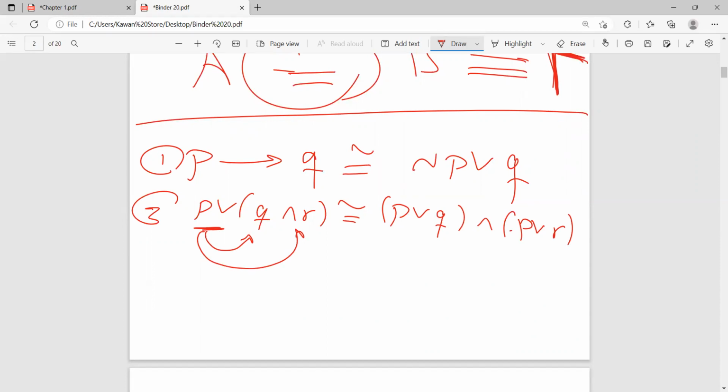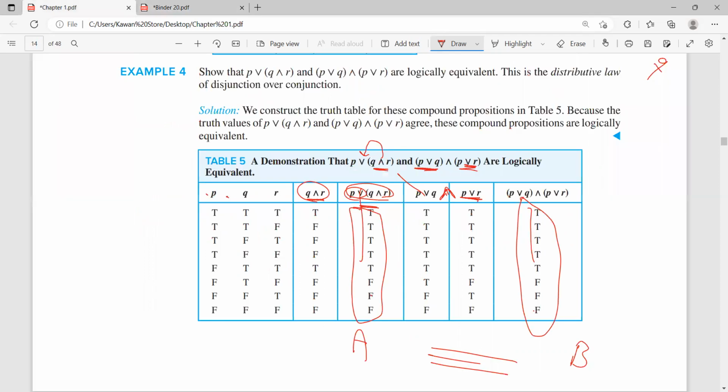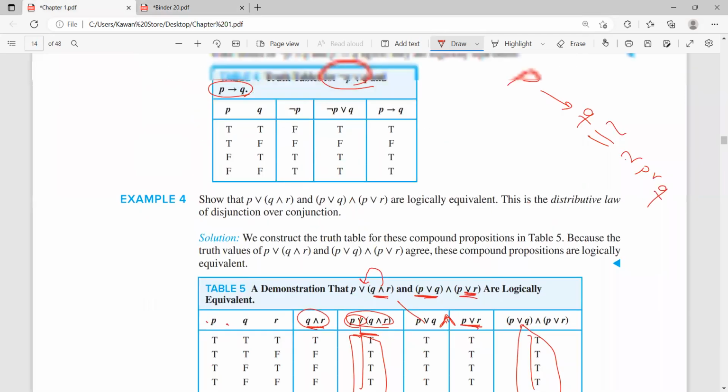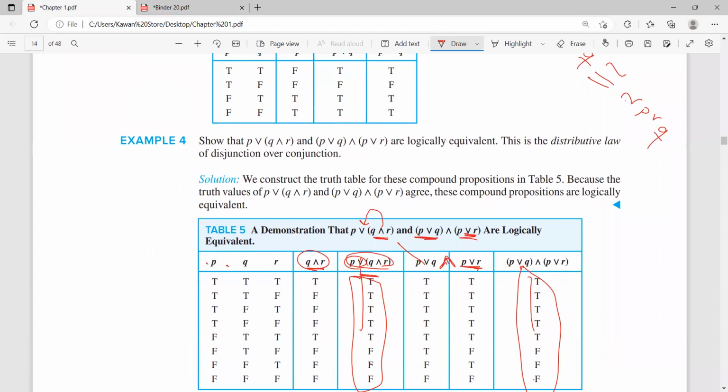So the answer in example 3, the answer in example 4. Understood, dears? Good, very good. So do not forget about example number 3 and 4. They are not just examples, they are concepts.